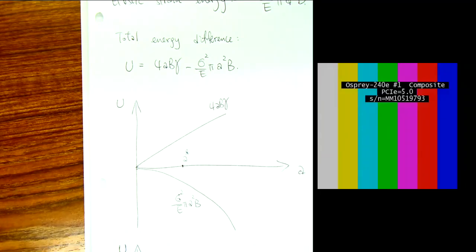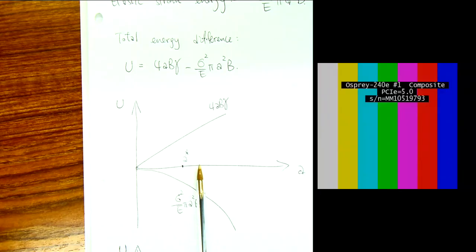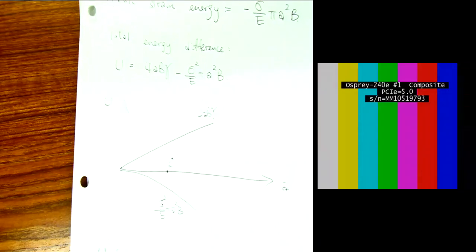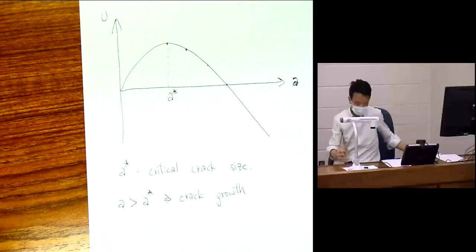So there's a competition of the two energies, and therefore, at some point, once your crack length passes this critical size, the decrease in energy is faster than the increase in surface energy, so the decrease wins, right? So the reduction in energy wins, so that it's preferred for the crack to keep going because now there's less and less elastic strain energy in the material, right? So this is the thermodynamic or the energy implication of this. So you have a competition of two types of energy.